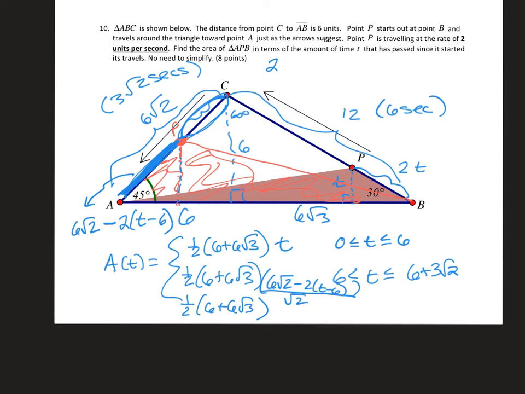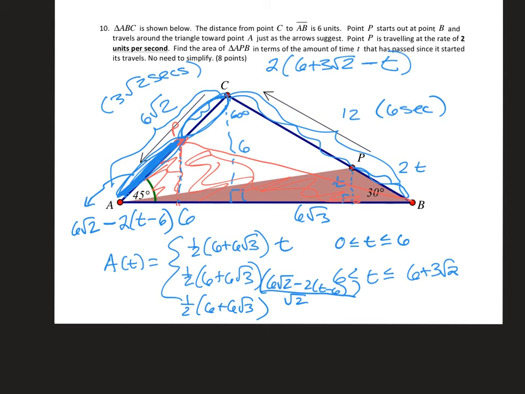And then the time associated with just this piece would be the total time, 6 plus 3 root 2, minus the time that was passed over here. So minus this piece again. That's just another way to do it.